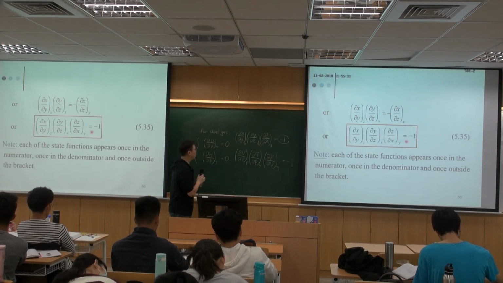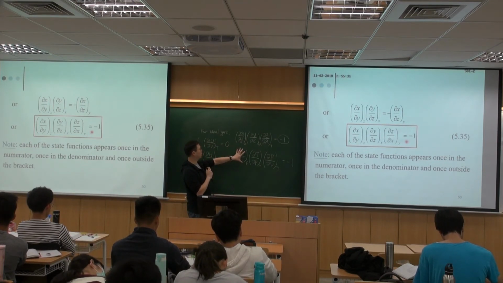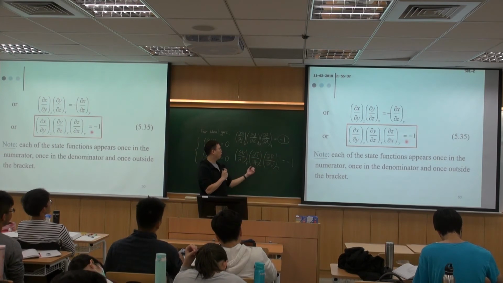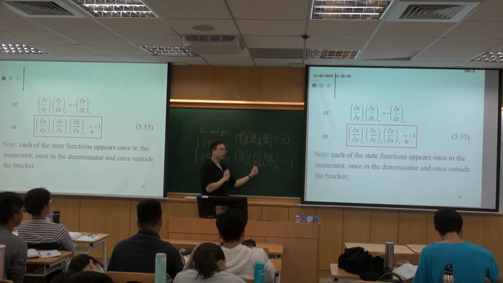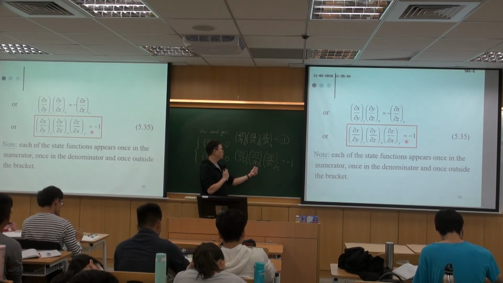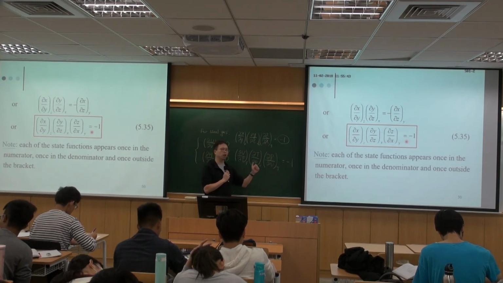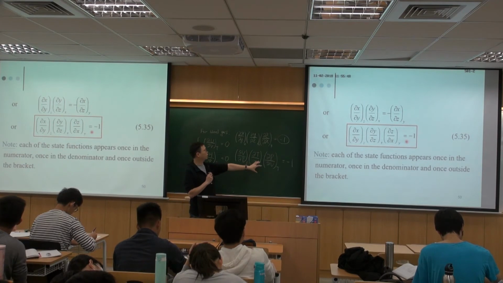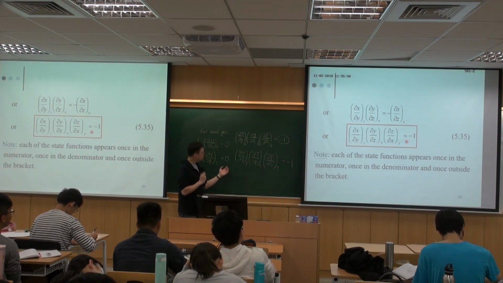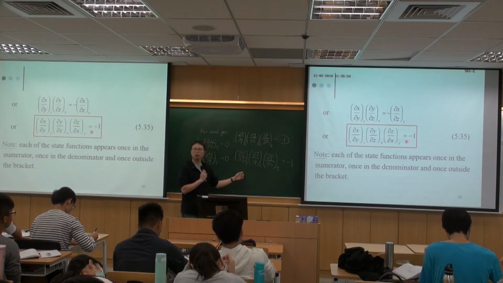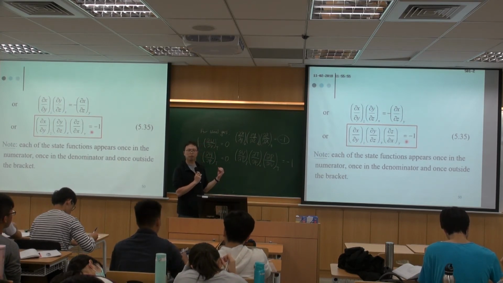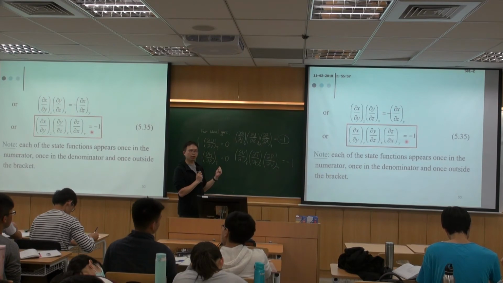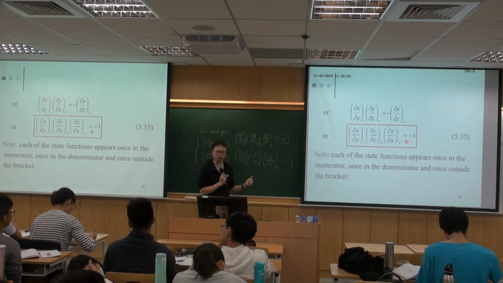So if you have this one and this one, and if you want to calculate partial t, partial v, you can just use these two products and then times -1, right? So it helps us to quickly calculate one of the partial differentials, as long as you know the other two. So this is a very useful trick that we will see.